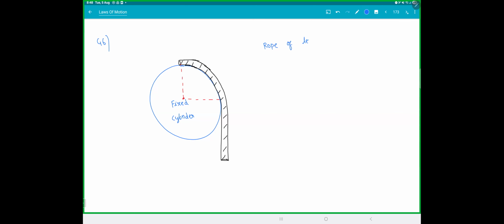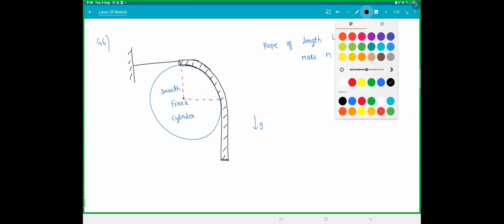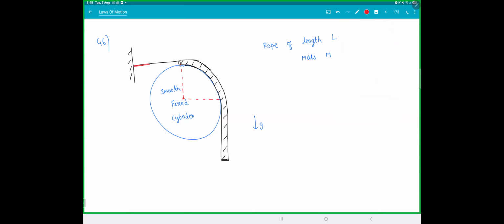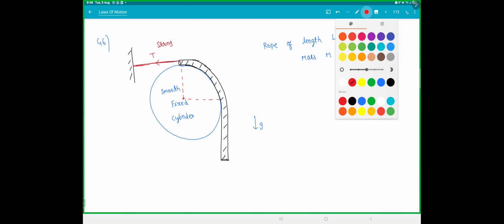This is a rope of length L and mass M. Gravity is there. This is a smooth cylinder. If I leave it like this, do you think it will remain at rest? It will fall down. So you tied this with a string to a wall. Find tension in the string in equilibrium.